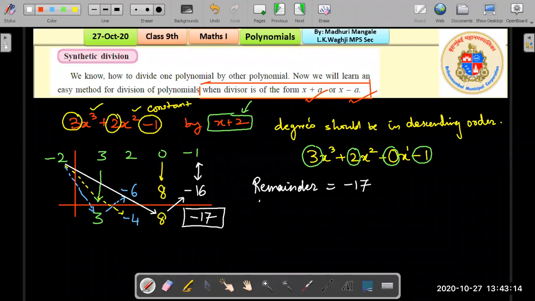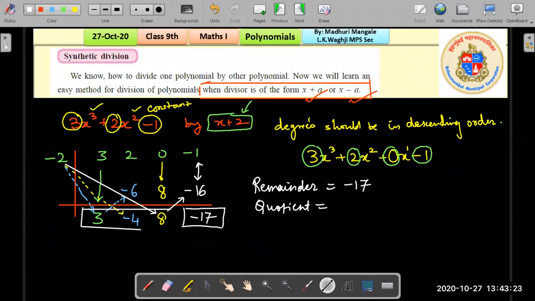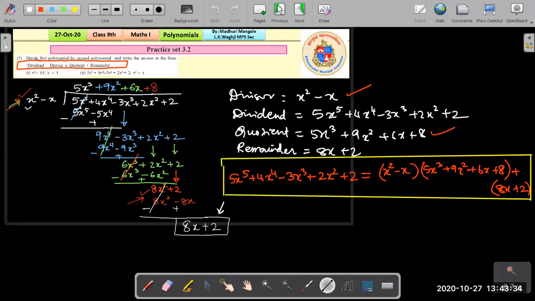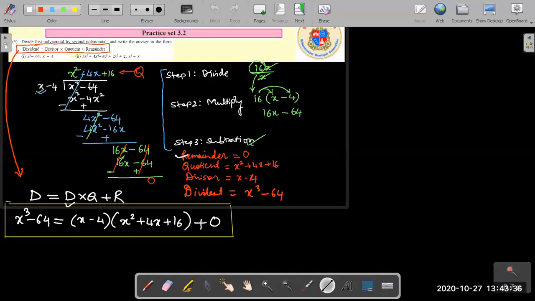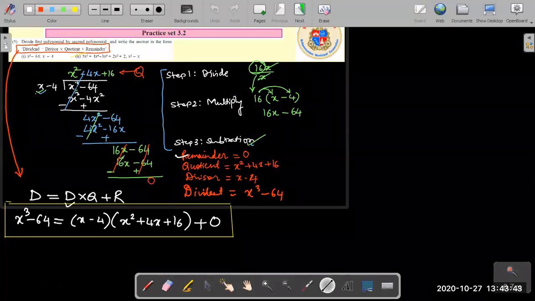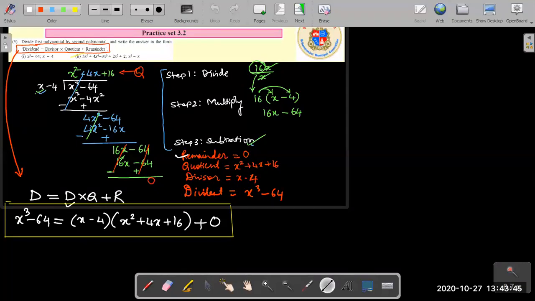And then we need to write out what is the quotient. So what is the quotient? This bottom row gives us the quotient. Okay, now how do we write the quotient? What will be the highest degree of the quotient? We can just quickly look at the problems that we did earlier. If the dividend over here has the exponent 3, what is the degree of the quotient?